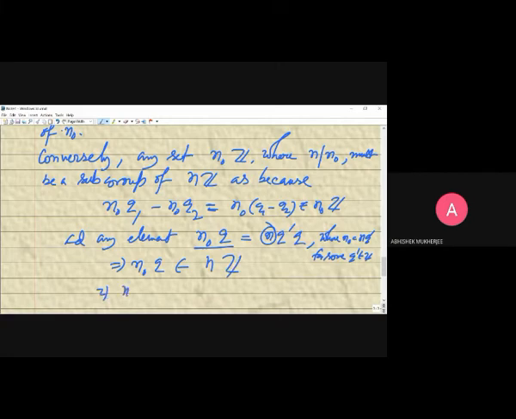That is, n not Z is a subset of nZ where n divides n not.